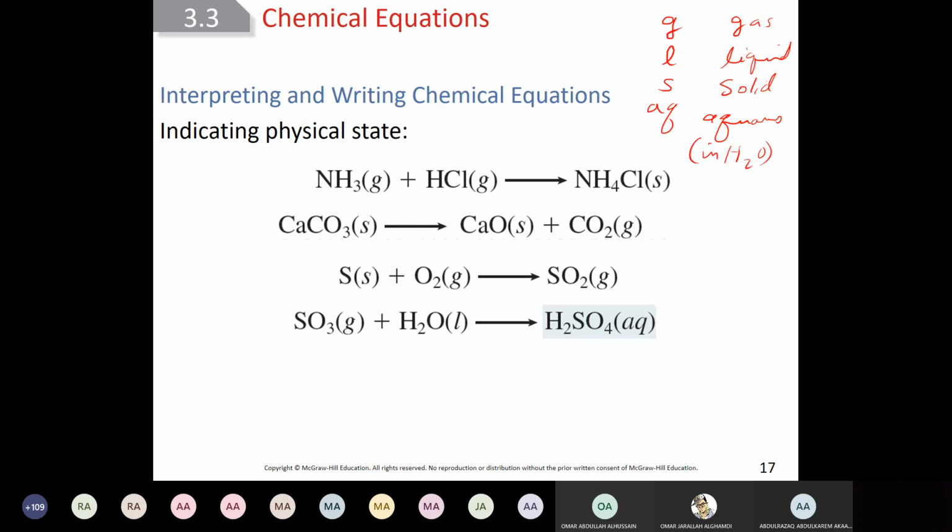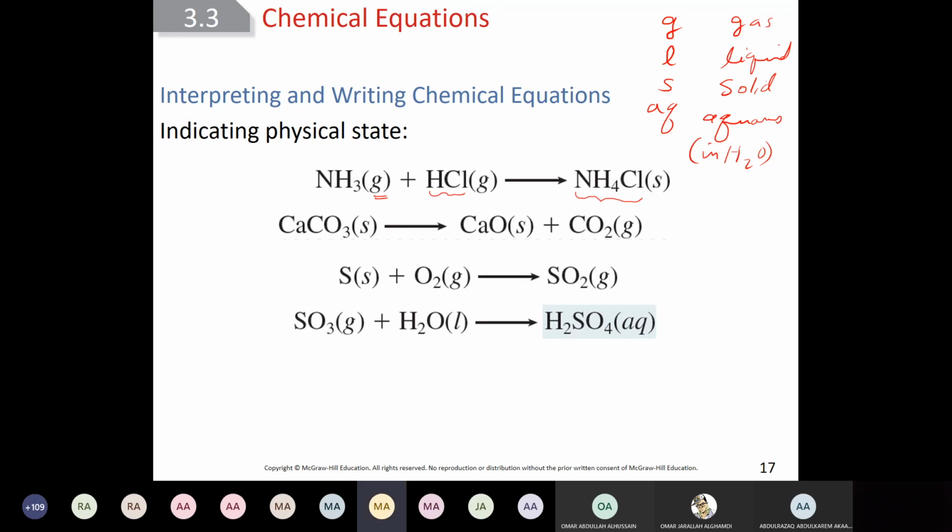Very good. So what's the reaction here? I want you to read the reaction. You should say that NH3 gas reacts with hydrogen chloride gas, we took it in chapter 2, to give you a compound with a special group.